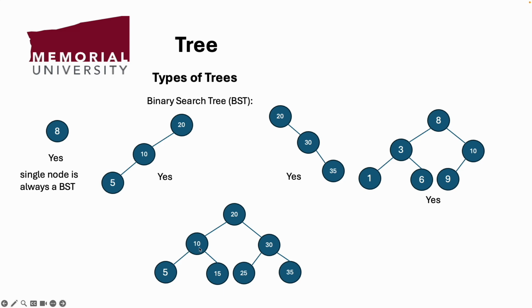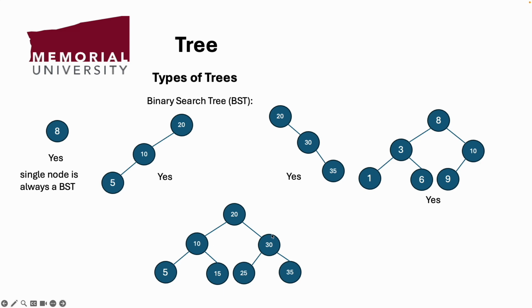Node 10 has a left child and a right child. The left child, node 5, is less than 10. The right child, node 15, is greater than 10. And all the nodes on the left subtree, 5, 10, 15, are less than 20. So the left subtree satisfies the property of the binary search tree.